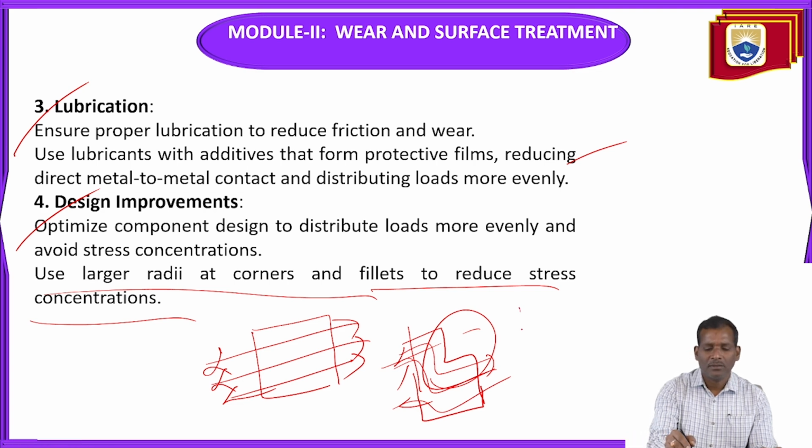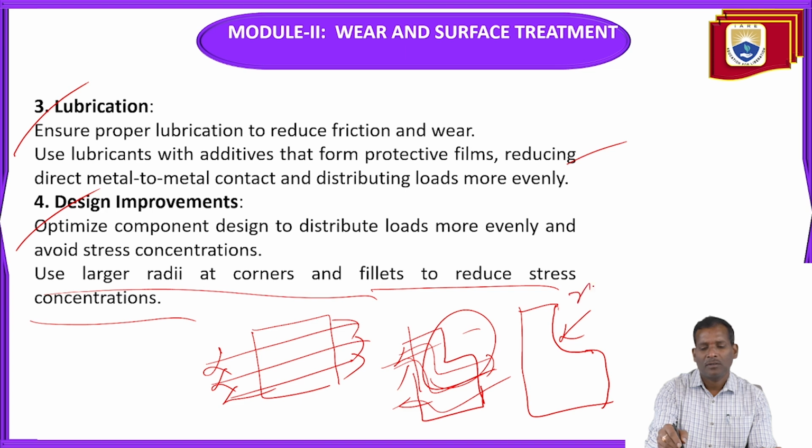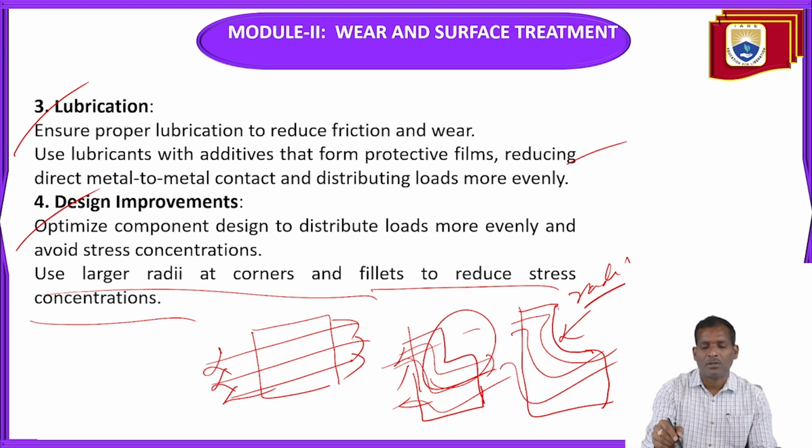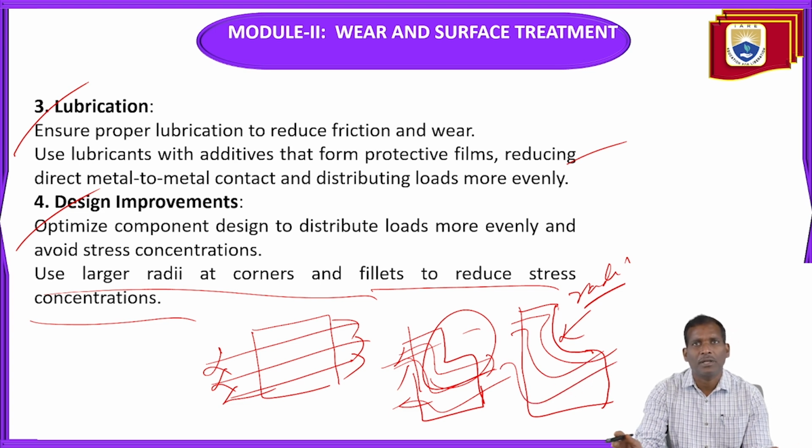To avoid this, use larger curvature like this with the radii. So you can minimize the stress concentration. We can't avoid it completely. That's why you should optimize the component design in the initial stage.